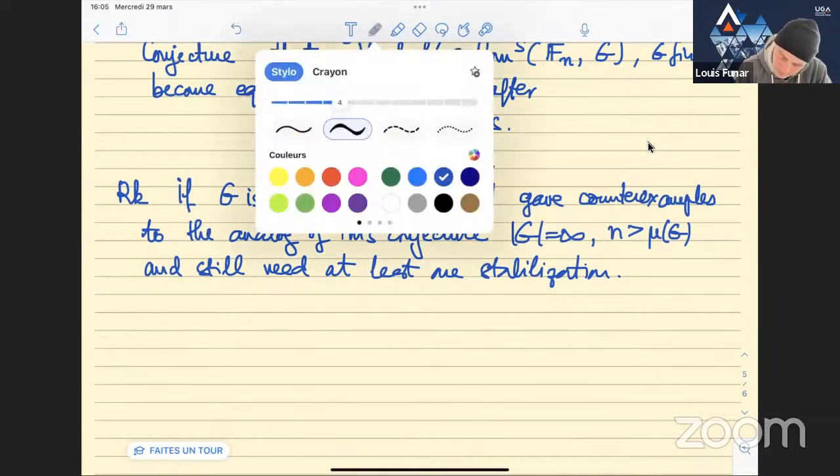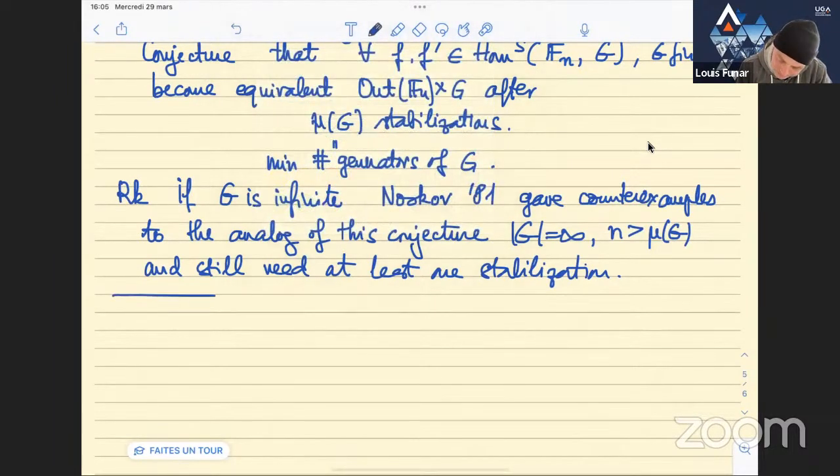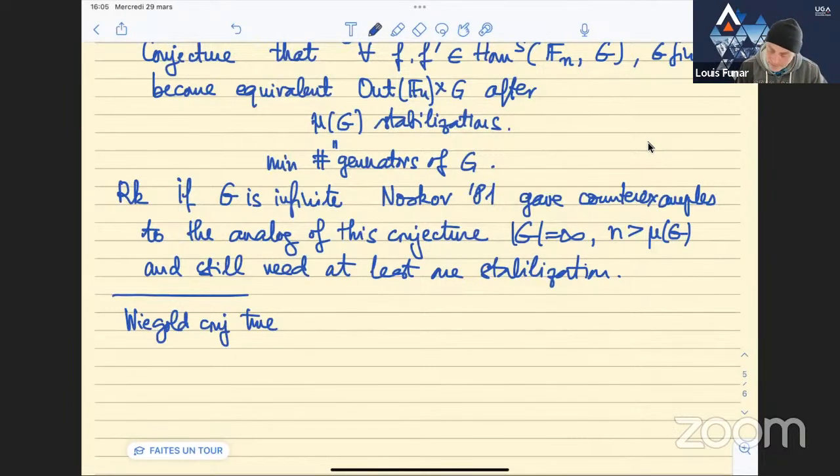Let me state an easy consequence: if the conjecture is true, with the result of Gilman and Evans, and with the fact that a large orbit in many cases is the whole orbit, then all orbits are large.